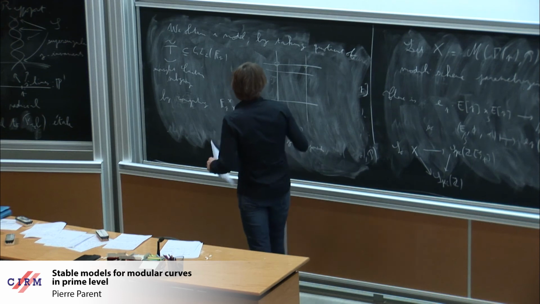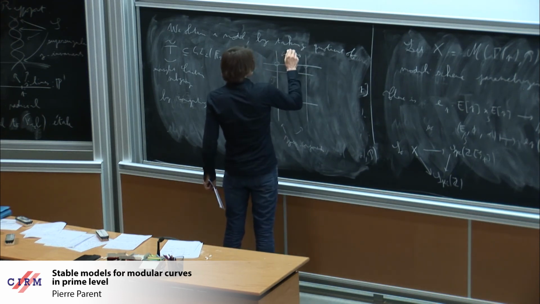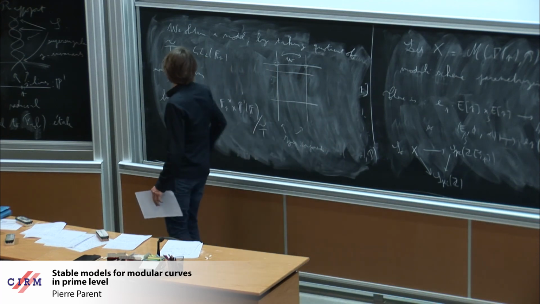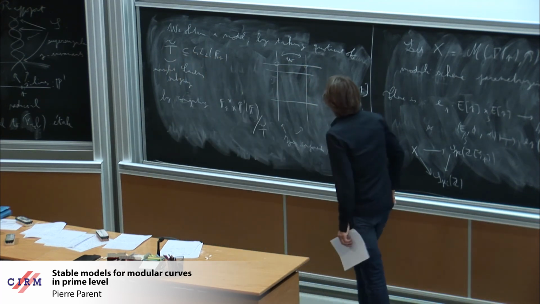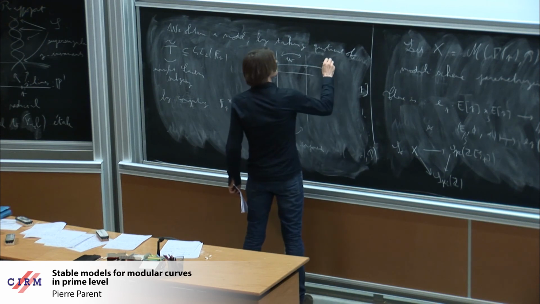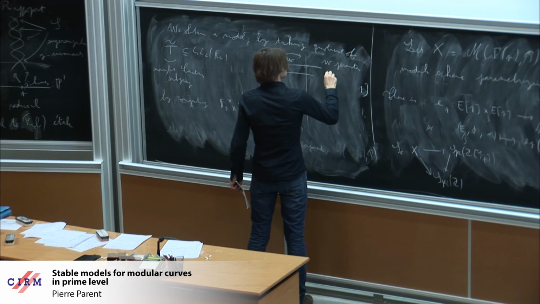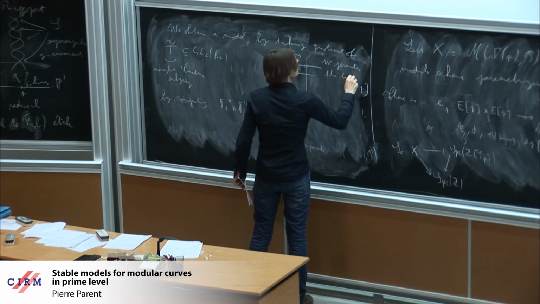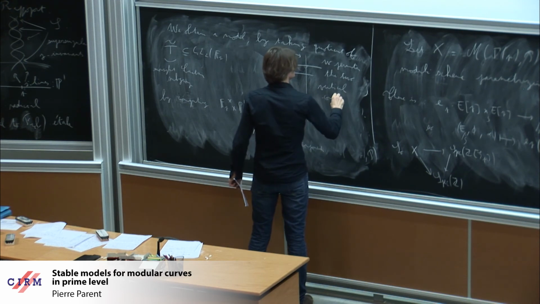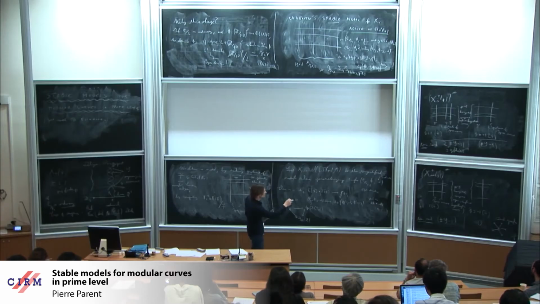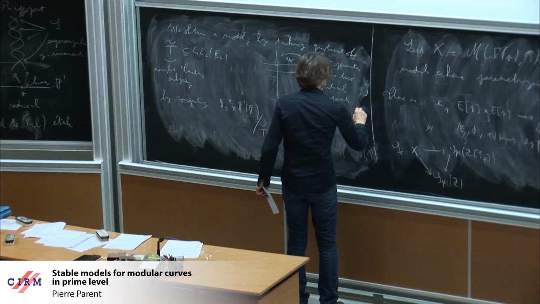And we see also that the Atkin-Lehner or the Fricke involution, which corresponds not to the non-split Cartan subgroup but to its normalizer, permutes the two vertical components if and only if p is 3 mod 4.